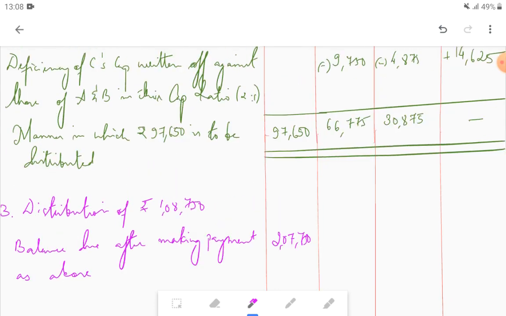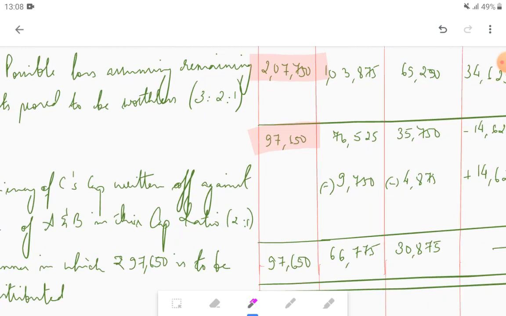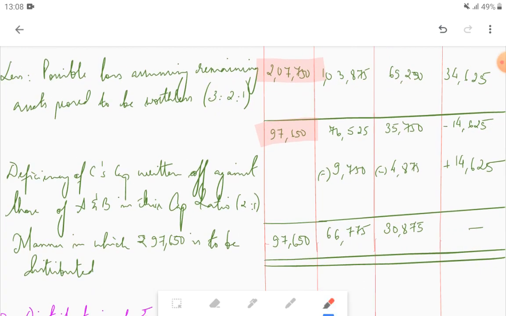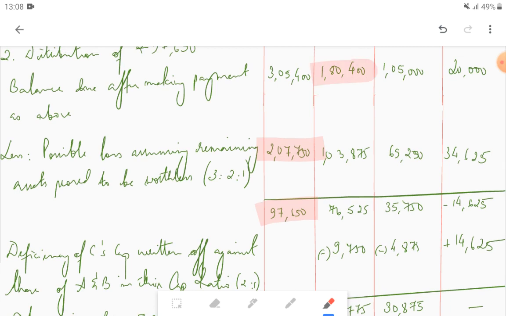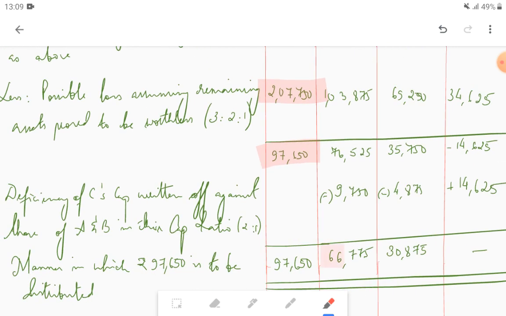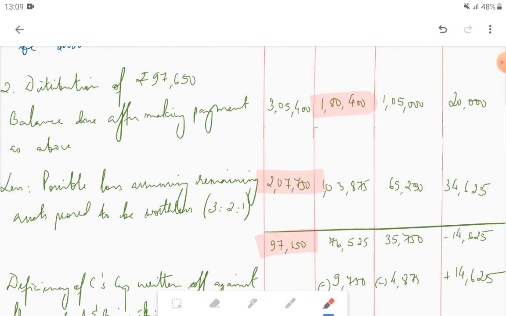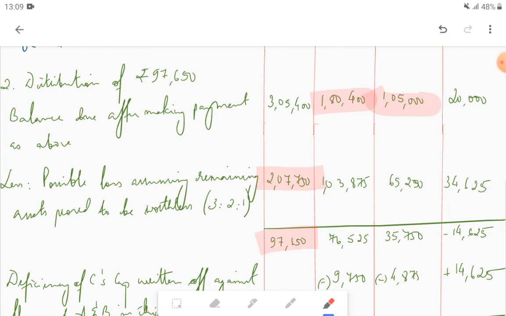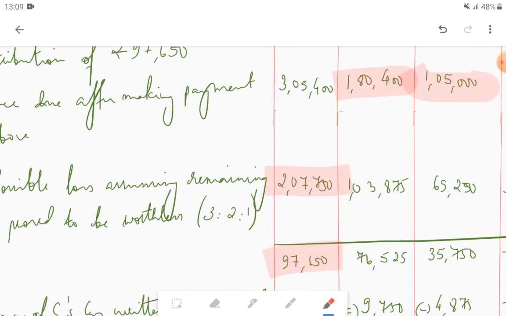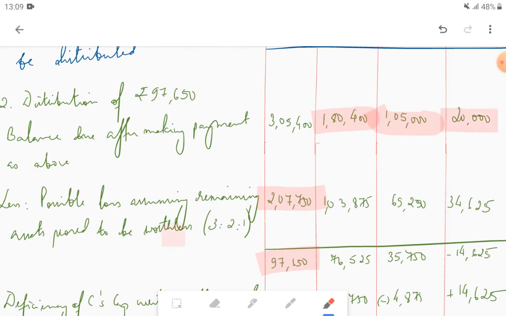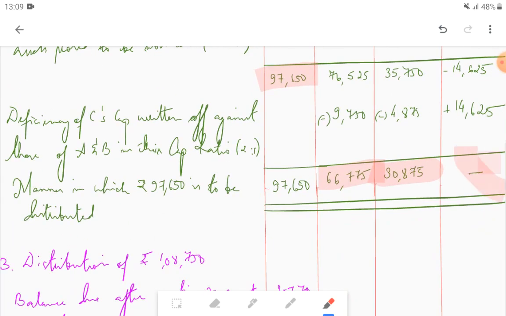In case of partner A, we had a balance due of rupees 1,80,400, but he is receiving payment of 66,775. Similarly, in case of B also, 1,05,000 was due, but he received 30,875. And in case of partner C, the due was 20,000, but he's not receiving any money at all, so his balance remains constant.